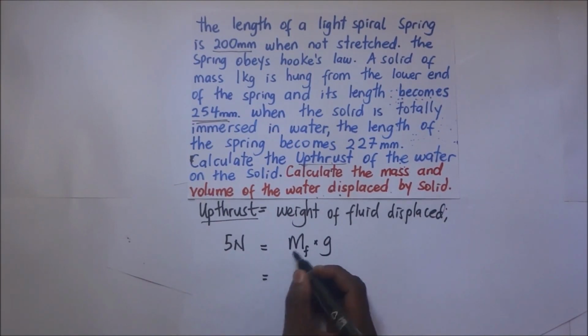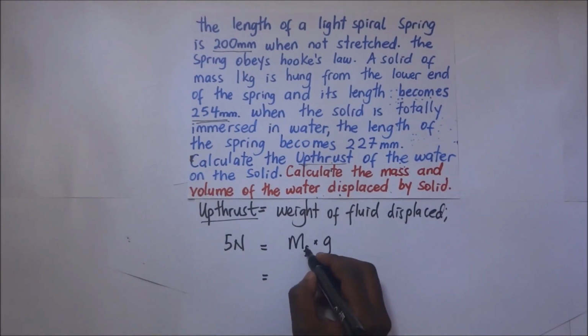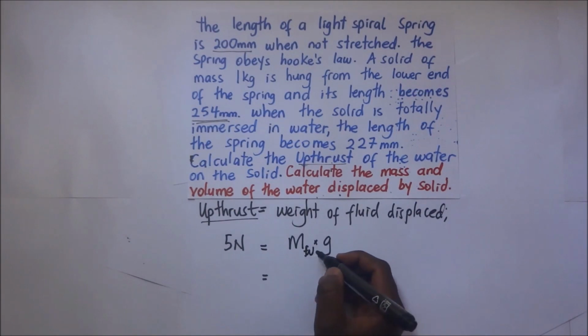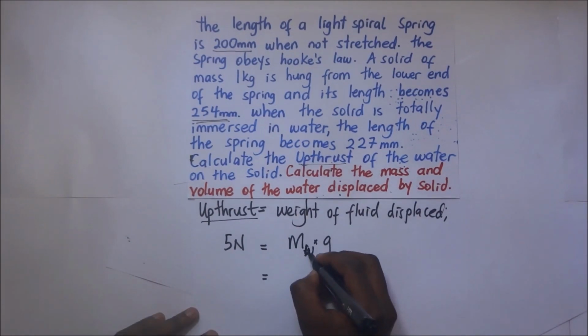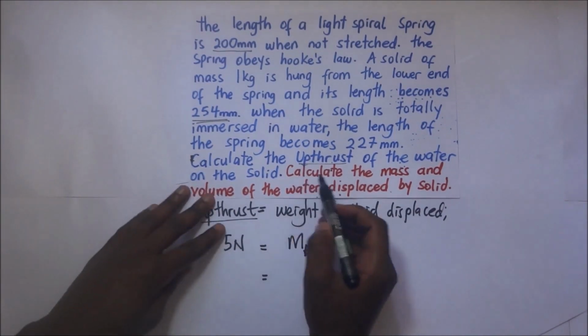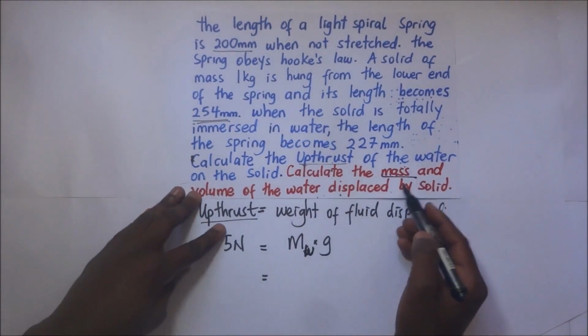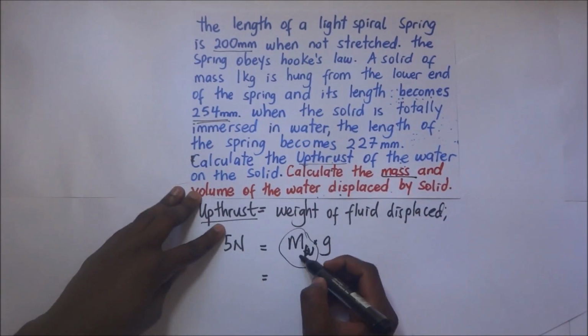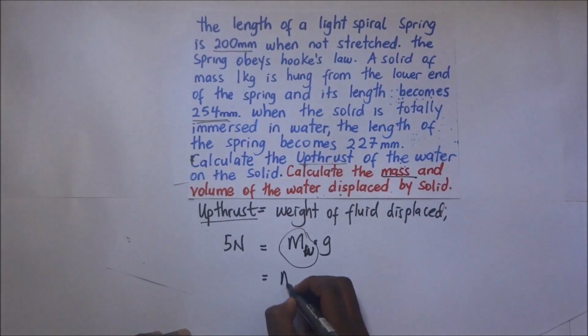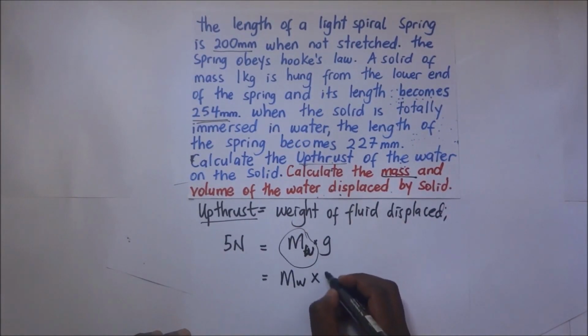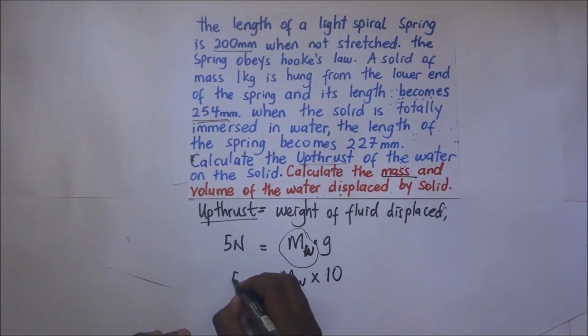So we continue. In this case here, we are dealing with the mass of water. So the mass here, this is what we want, according to calculate the mass first. So we make this the subject of the formula. Of course, it's going to become the mass of the water multiplied by gravity, which is 10, giving us 5 newtons.